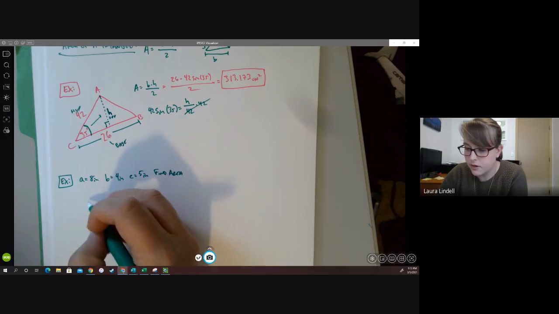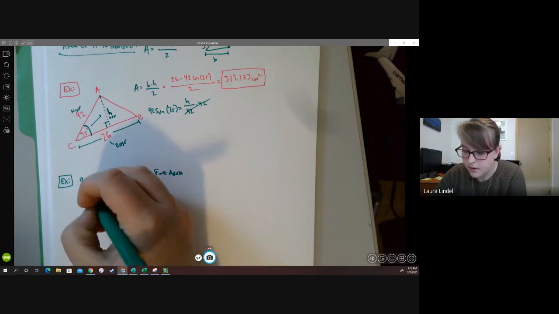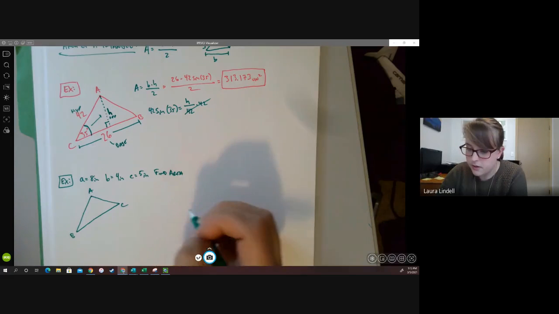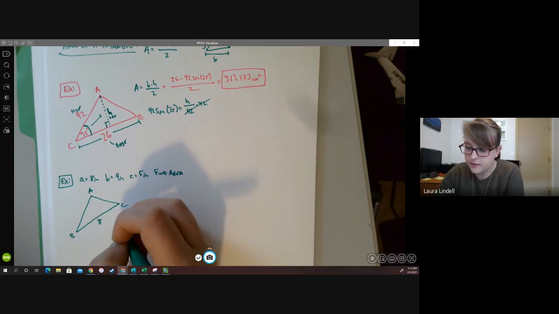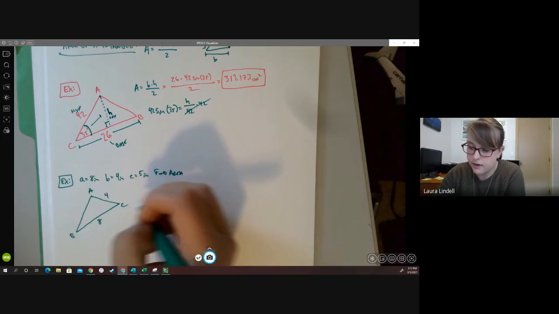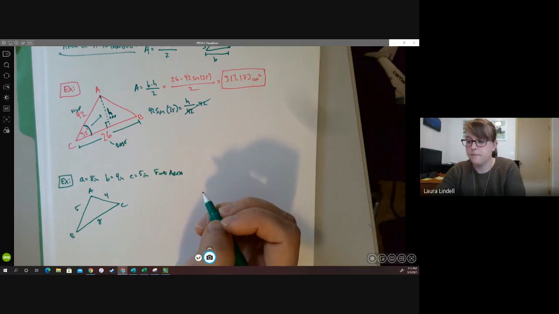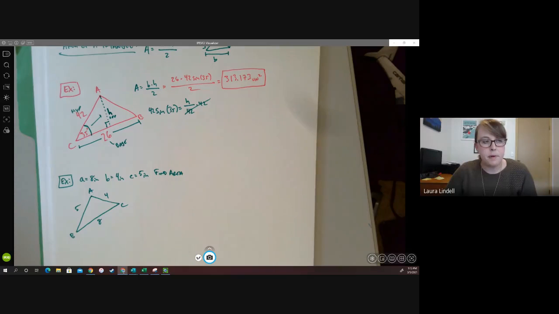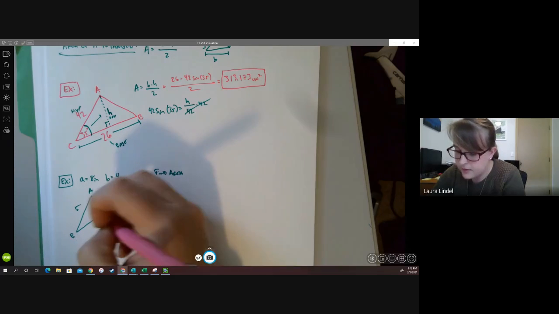So we would draw our triangle, A, B, C. We know side length A is 8, side length B is 4, and side length C is 5. And you can drop a height to whichever side you want. I'm just going to drop a height from A down.